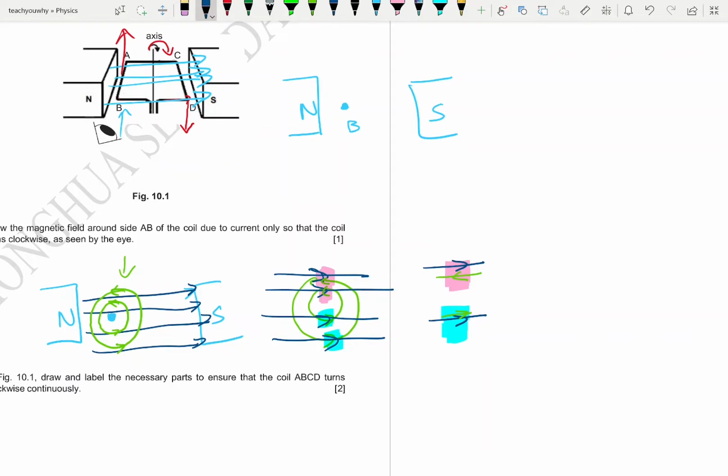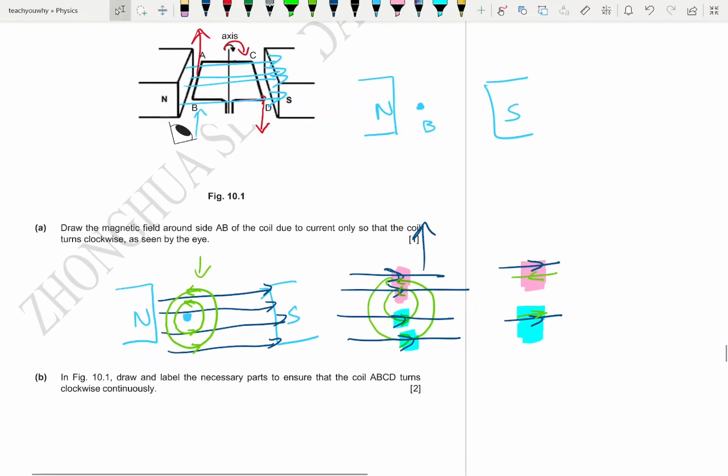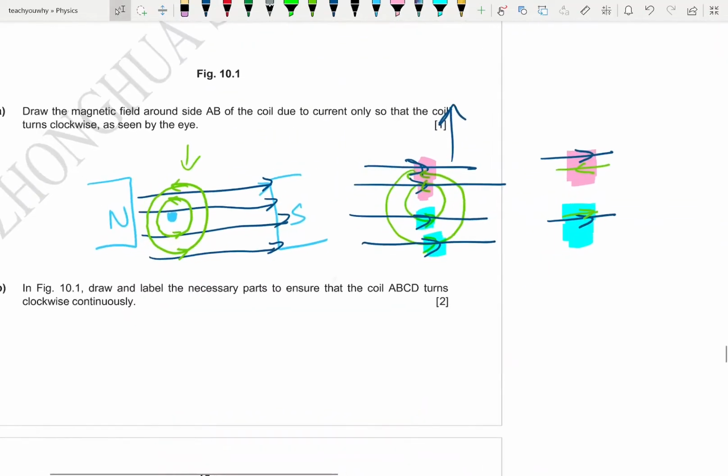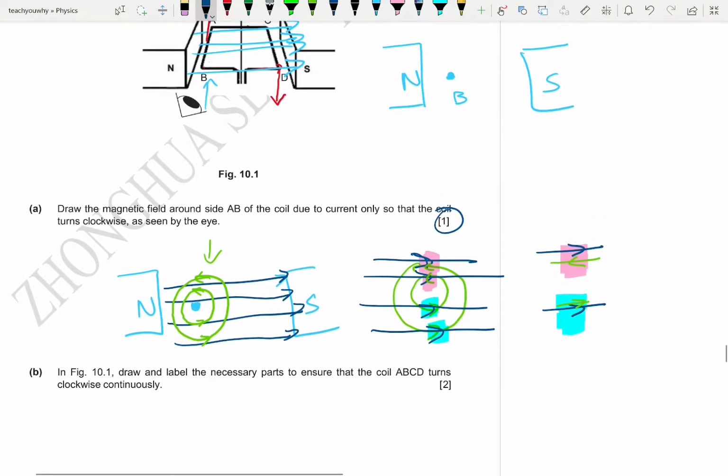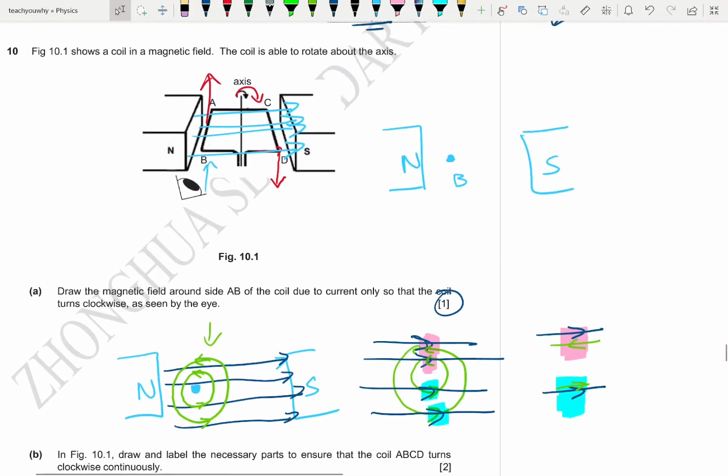Therefore, because there's more magnetic field at the bottom than at the top, it creates an upward force. It pushes up. Okay, if you ask me, it's quite hard to get this 1 mark. I would have given 2 marks instead of 1. It's a bit stingy. Okay, moving on.